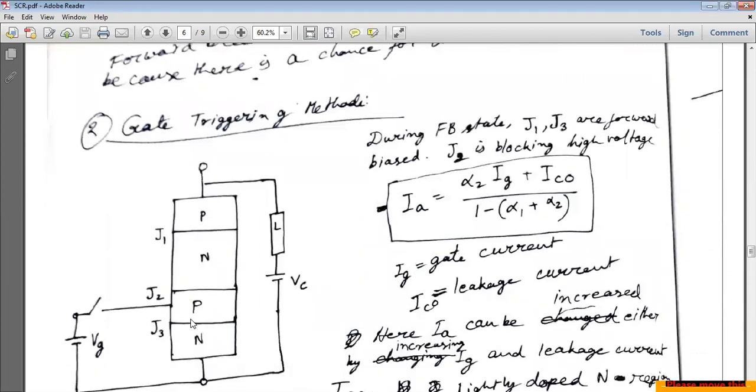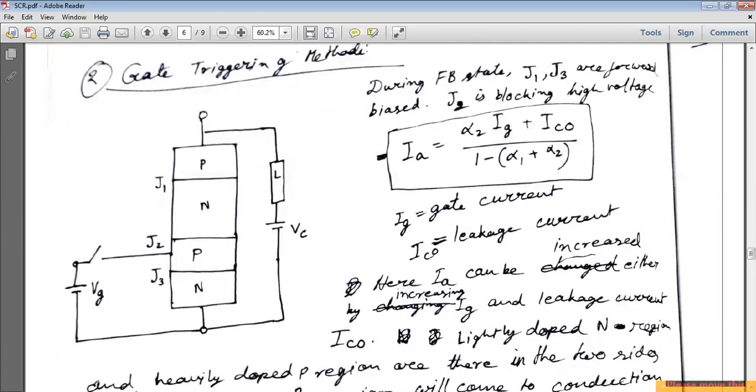Gate triggering method. Here in the forward blocking state, J1, J3 are forward biased, J2 is blocking high voltages, and you know IA, the anode current, is equal to alpha 2 Ig plus ICO by 1 minus alpha 1 plus alpha 2. Ig is the gate current and ICO is the leakage current.